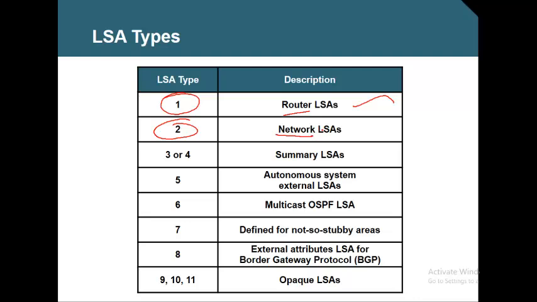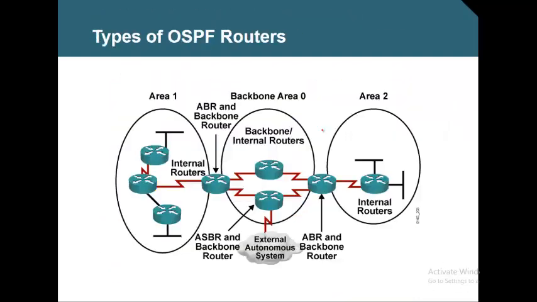Network LSAs are only seen if you have a designated router in that area. When there is no DR in this area, let's say you got only serial wires. You see here also serial wire. Here also serial wire. Let us assume this is also serial. This is not a serial wire.